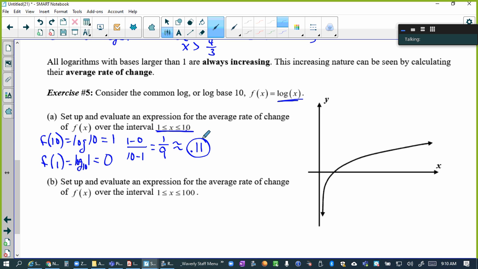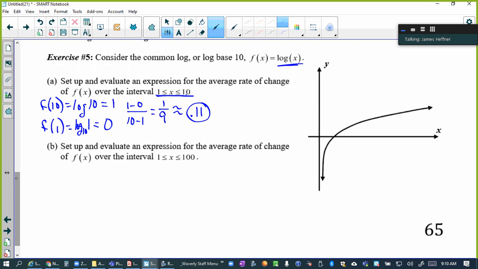Let's try it for the next interval. Now let's see what the average rate of change is between 1 and 100 instead of 1 and 10. So we need to find f of 100, which is the log base 10 of 100, which is what? 10 to the second, or just 2.